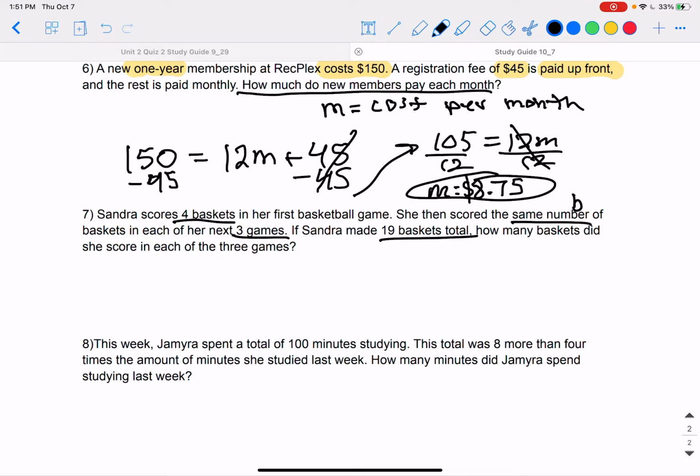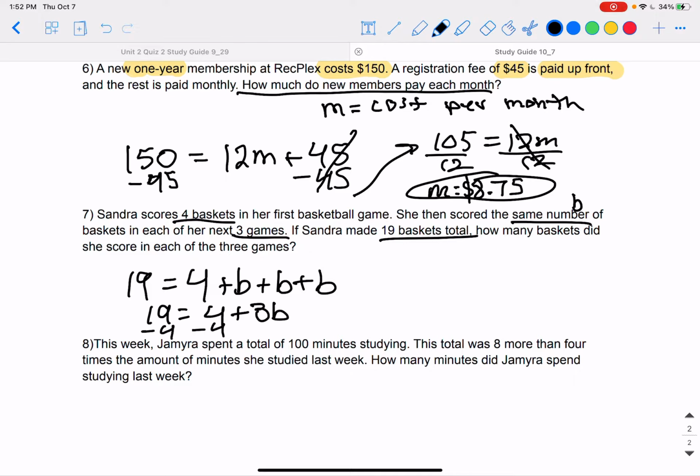And then the total is 19 equals 4 plus she plays 3 games where she scores B baskets. So you could jump and write 3B, or you can say she made B, then she made B, then she made B. Okay, so then this is 19 equals 4 plus 3B.